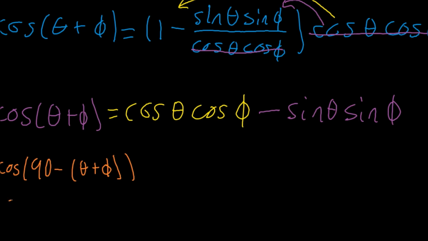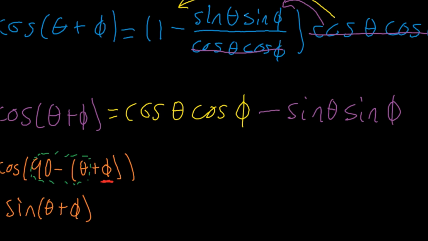So this is going to equal sine of theta plus phi. What we could do is group together 90 minus theta into a package, and then the minus phi, my bad, will be separated.